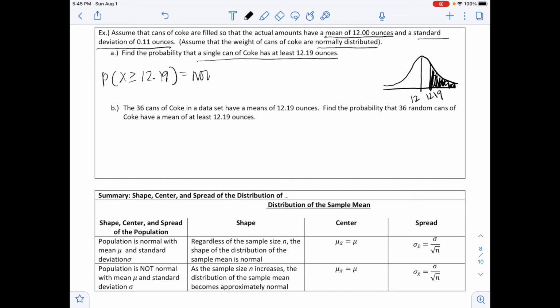Again, we would use normal CDF to find that probability. The lower bound here is 12.19, comma, infinity or 1E99, comma, the mean, which is 12, comma, the standard deviation, which is 0.11 ounces.